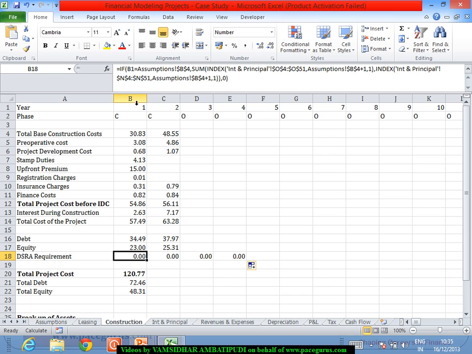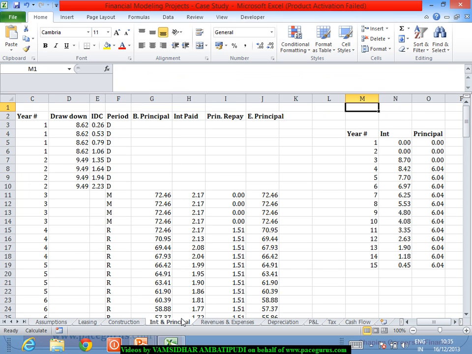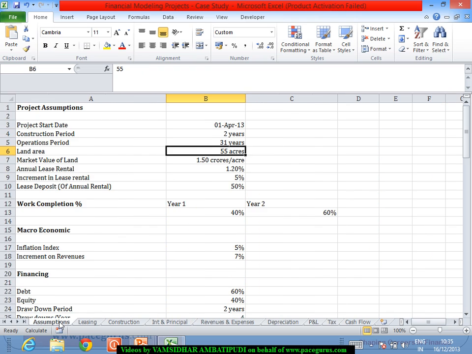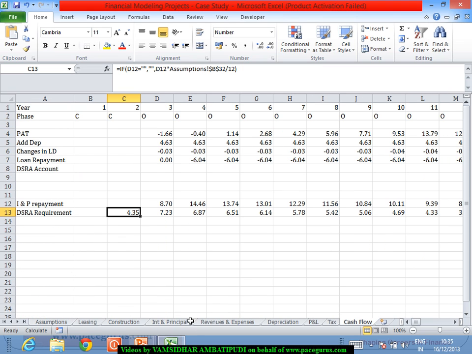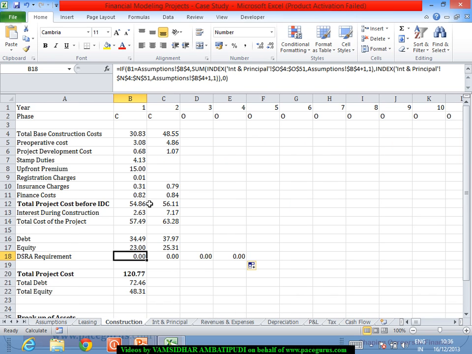Okay, here also interest and principal O column. Okay, O4 to somewhere the formula is getting wrong. Let me just quickly observe that.